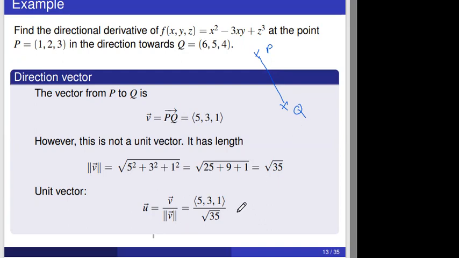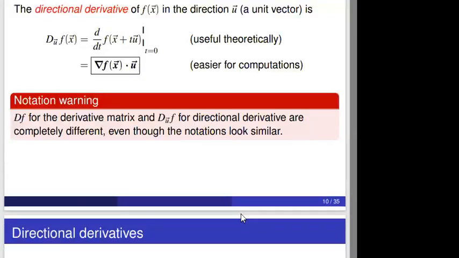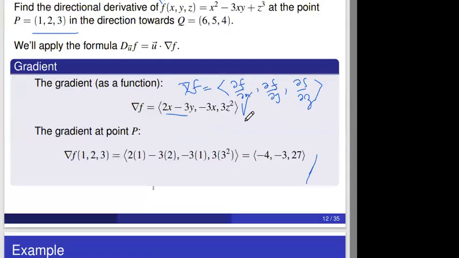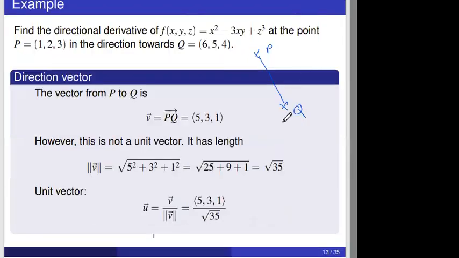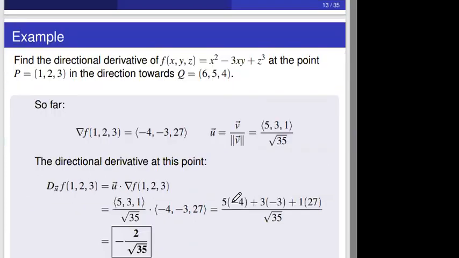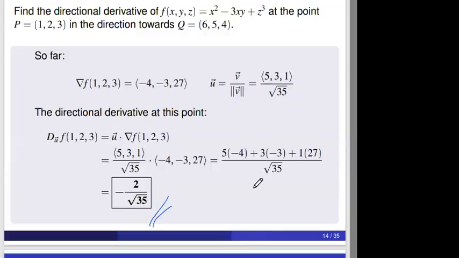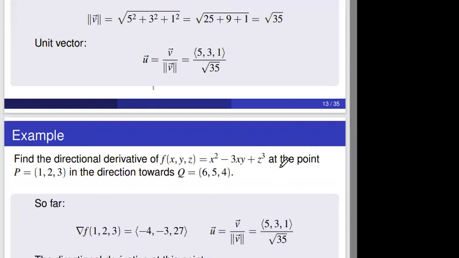So we have that. Then take the dot product, that's all. The dot product of this and that gives you the directional derivative. Pretty simple. This cannot be visualized, because this is a surface in 4-dimensional space, and we can visualize only up to 3 dimensions.